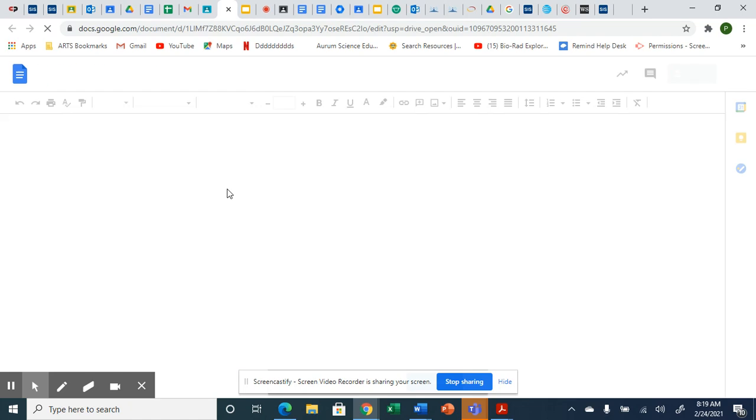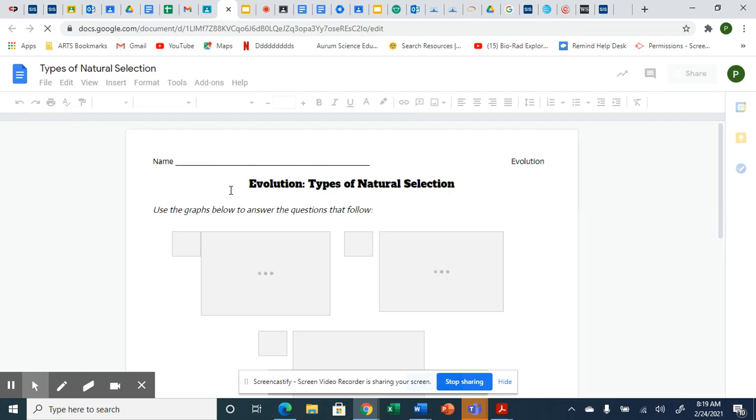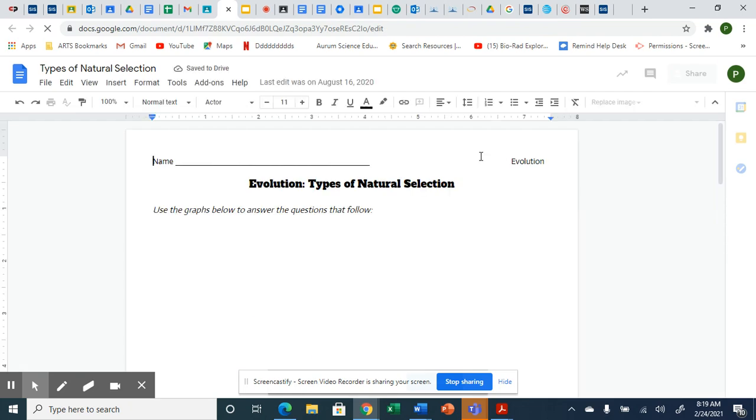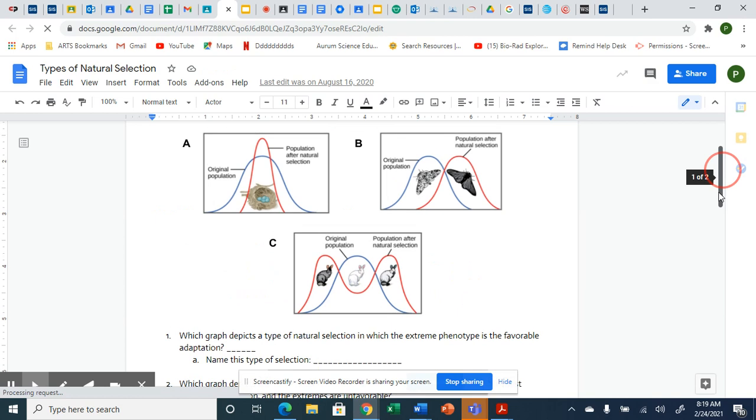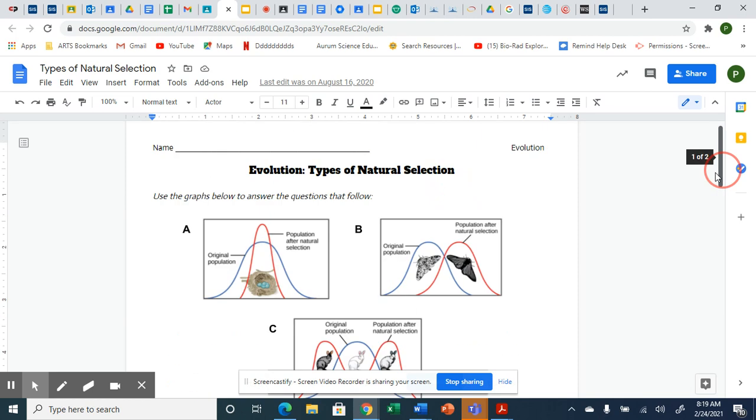And here is the document we need to fill out. We first need to look at these graphs, A, B, and C, to answer the questions.